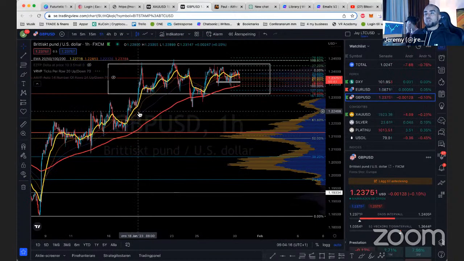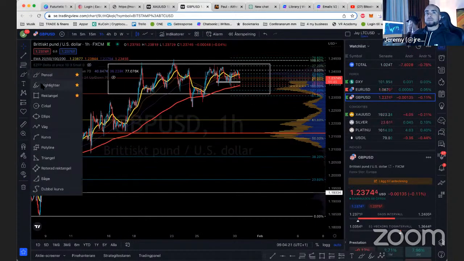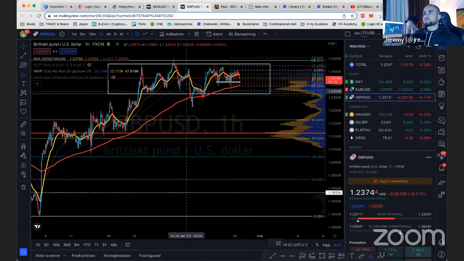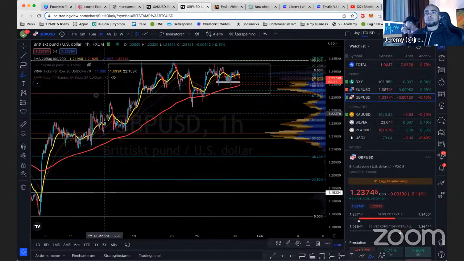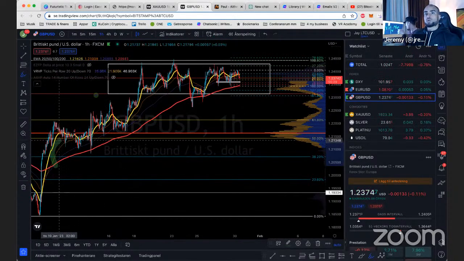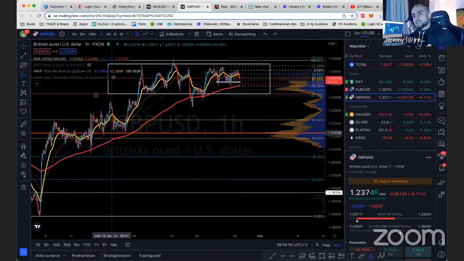Getting back to the lower time frames, what we then see is basically consolidation. We have experienced this whole sequence up since October, I think. Yep.